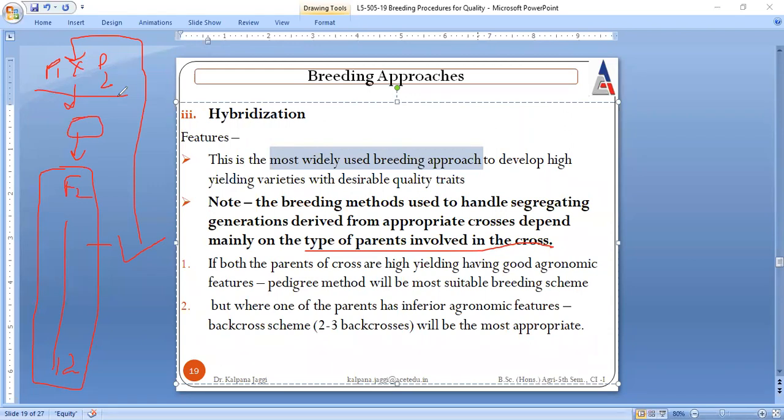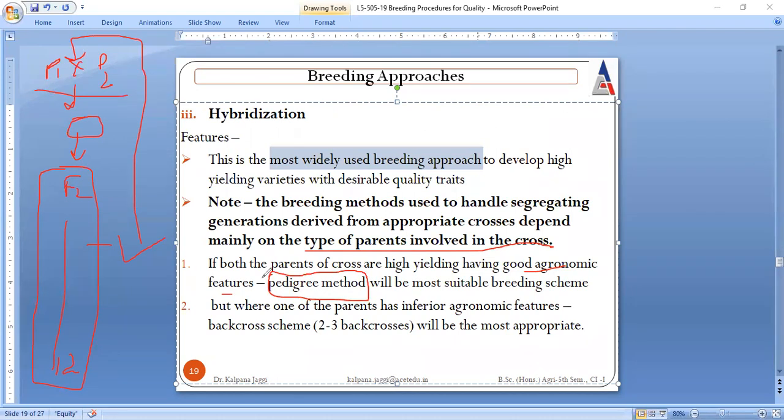Say, if both the parents give higher yield, and that higher yield character is combined with good agronomic features, then in that particular case, we are going to utilize the pedigree method for the handling of segregating generations.